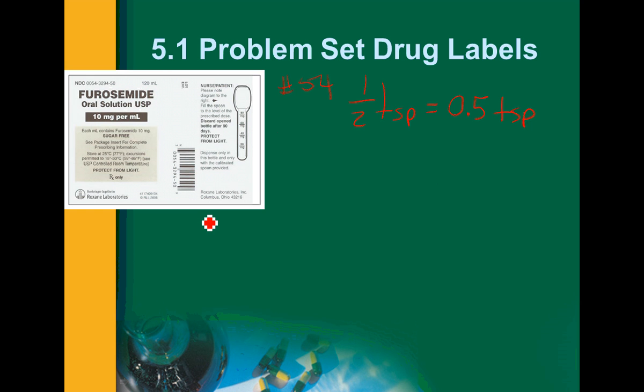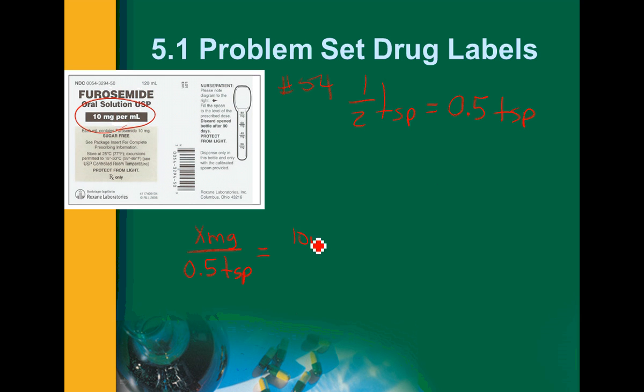If you look at your problem, you know you want X milligrams, and you have in 1/2 teaspoon. And you have in your label here 10 milligrams per 1 milliliter. When it says per milliliter, it's always going to be 1.